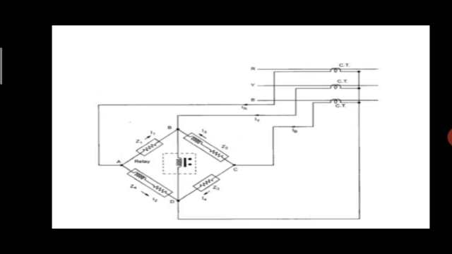So once again, R, Y, B, three phases. Each phase is connected to a CT, and it is a bridge rectifier connection. Here impedance relays are used: Z1, Z3 are impedance resistances, Z2 and Z4 are impedance resistance and reactance relays.